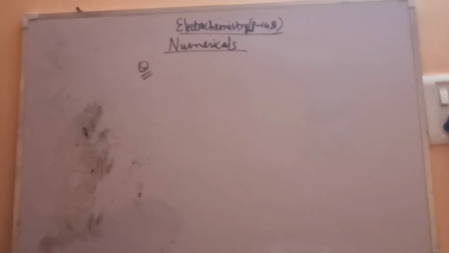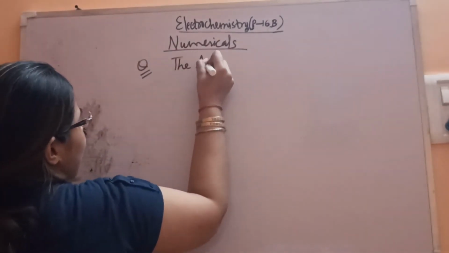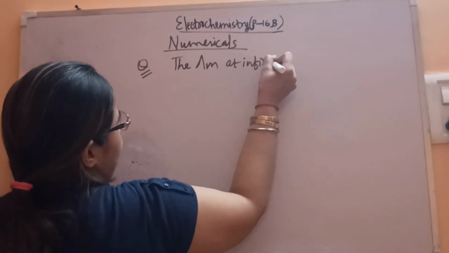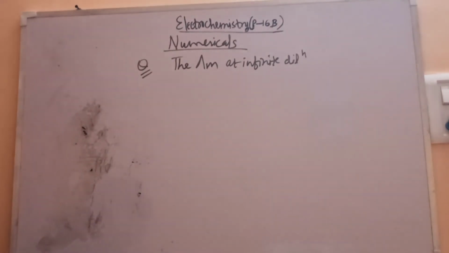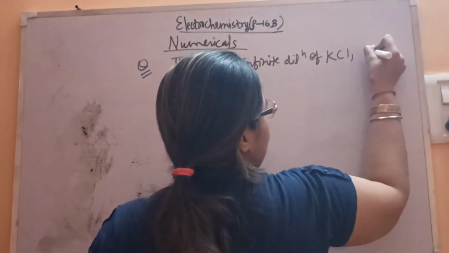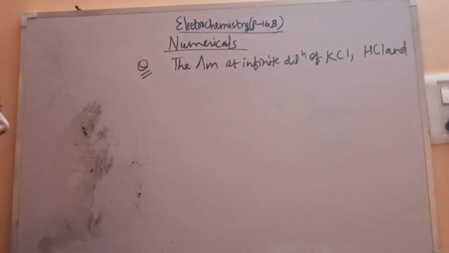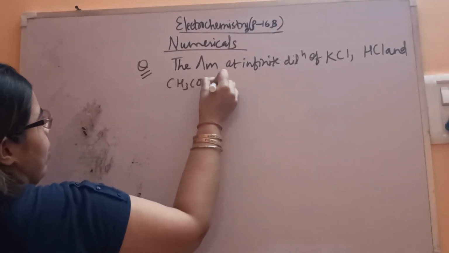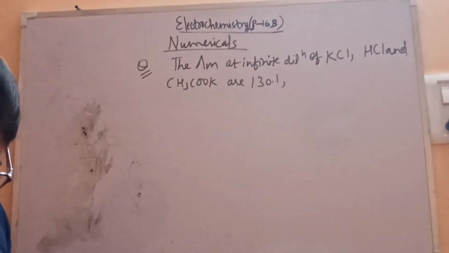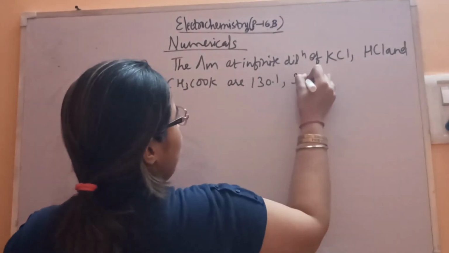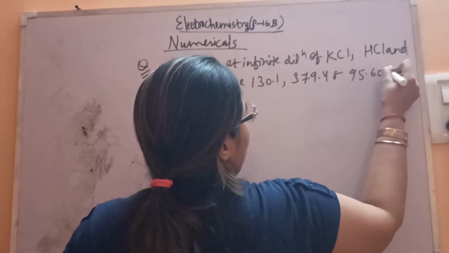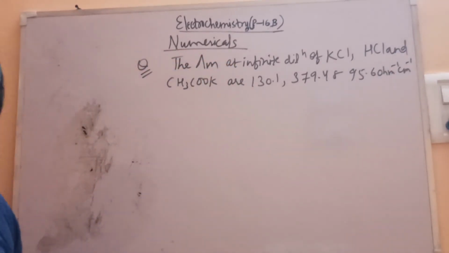The molar conductivities at infinite dilution of KCl, HCl, and potassium acetate are 130.1, 379.4 and 95.6 ohm inverse centimeter inverse per mole.